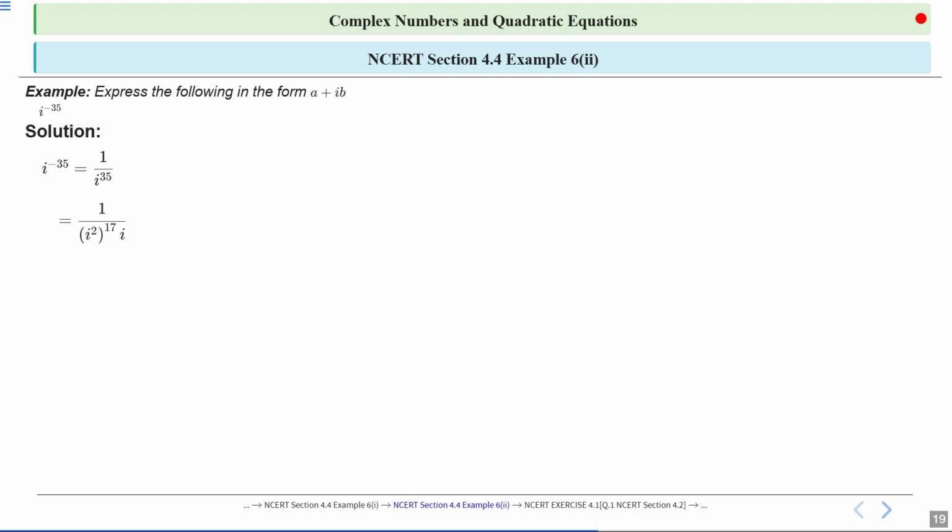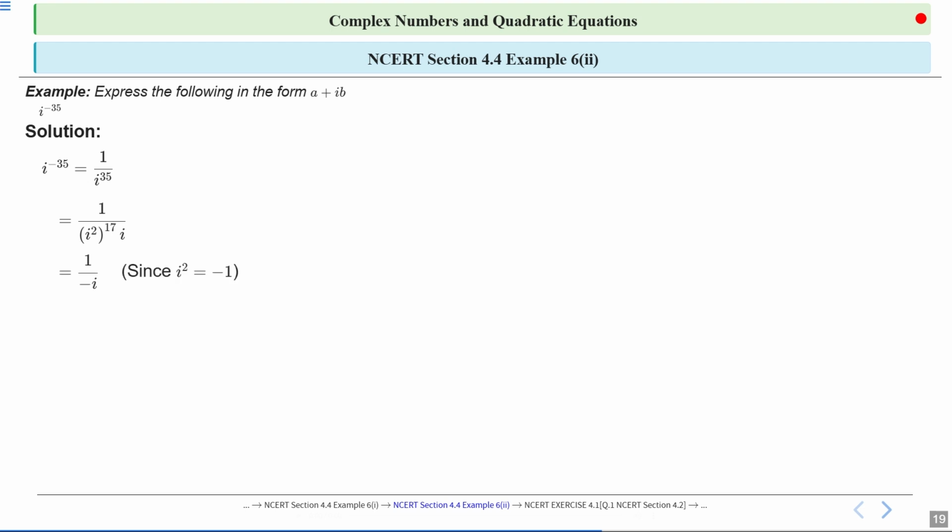Next, let's break down iota to the power 35. We know that iota square is minus 1. So we can write iota to the power 35 as iota square to the power 17 times iota, because 2 times 17 is 34 and 34 plus 1 gives us 35. So iota to the power 35 equals iota square whole to the power 17 times iota.